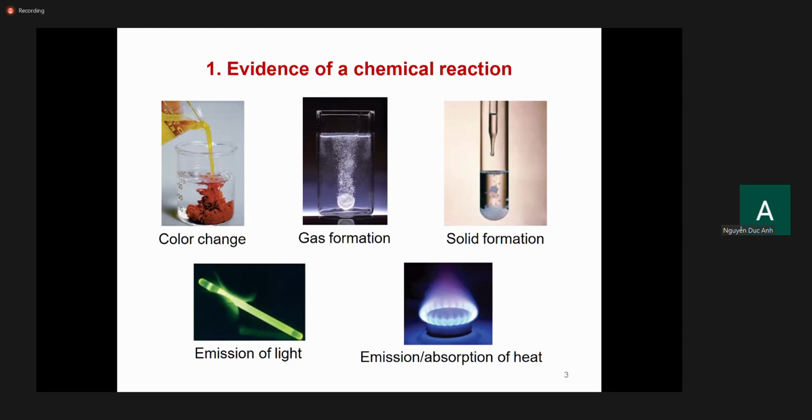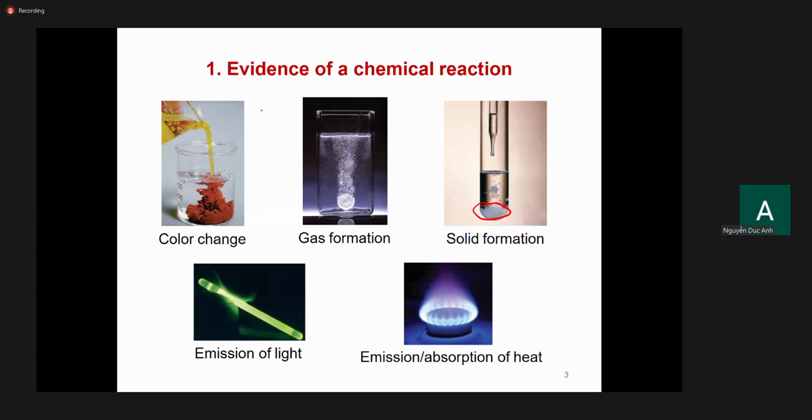Solid formation is another evidence, in which you put some transparent solutions together, and maybe a precipitate like this appears, or some solid will appear and settle at the bottom of the container. So this is evidence for chemical reactions.